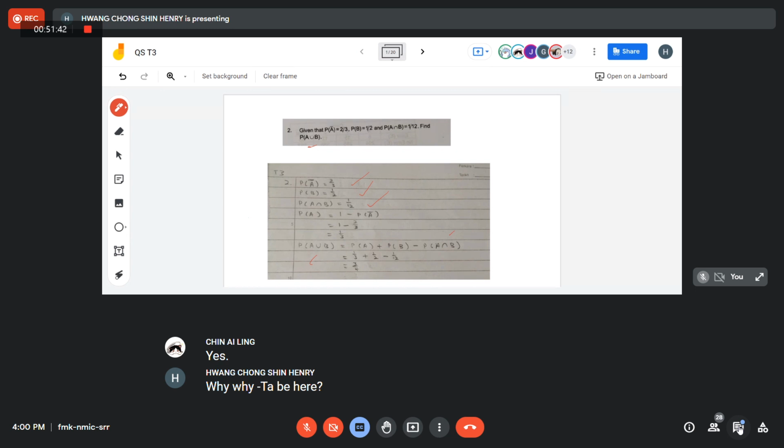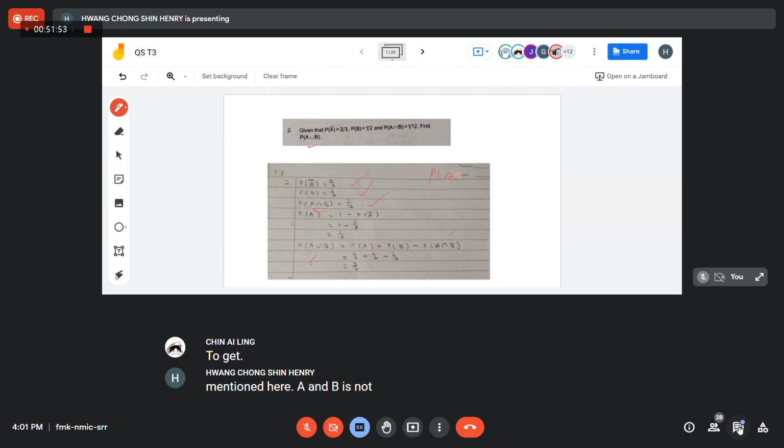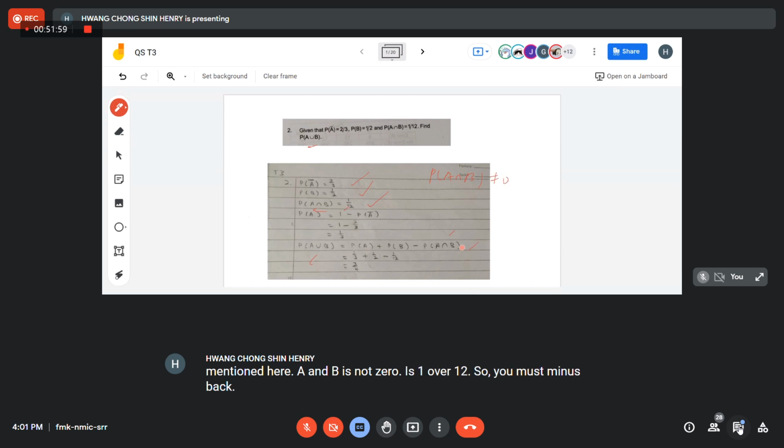You get what I mean, right? It can happen together, as already mentioned here. P(A and B) is not 0, it's 1/12. So you must minus back. It is non-mutually exclusive. So P(A) plus P(B) minus this, that's the answer.